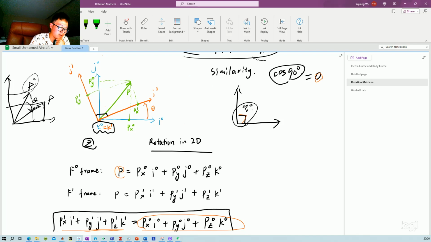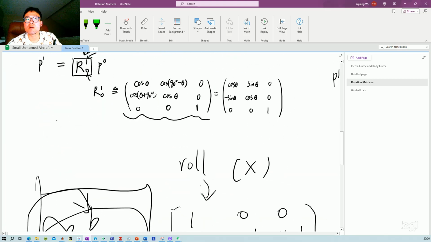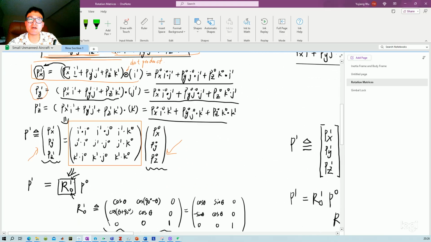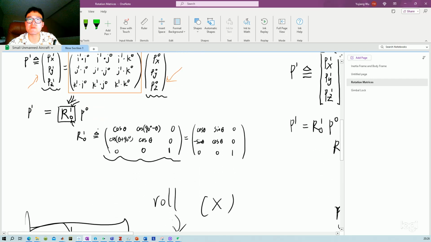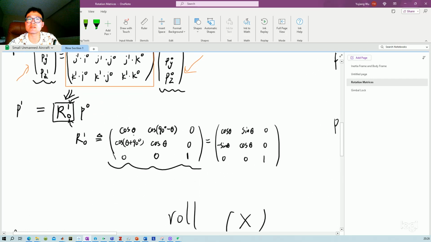On the other hand, if the frame is fixed and you multiply by that rotation matrix, you will get a new vector that is actually rotating backwards in the same frame. Just a thought.